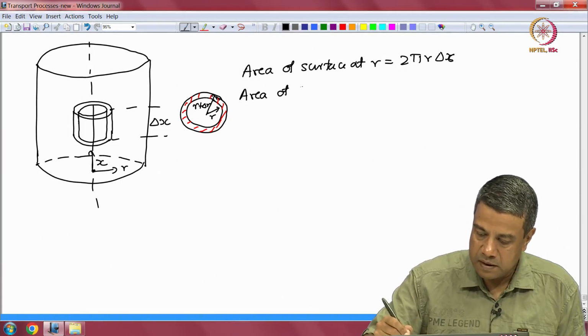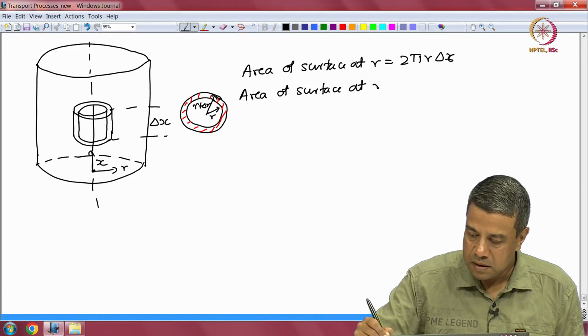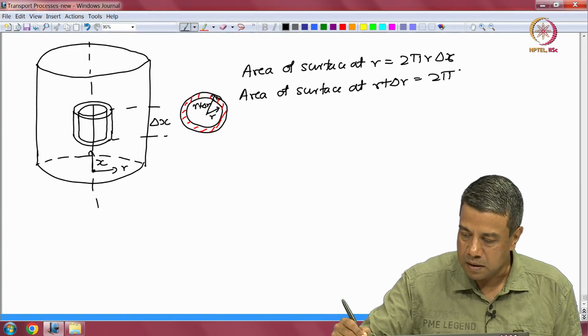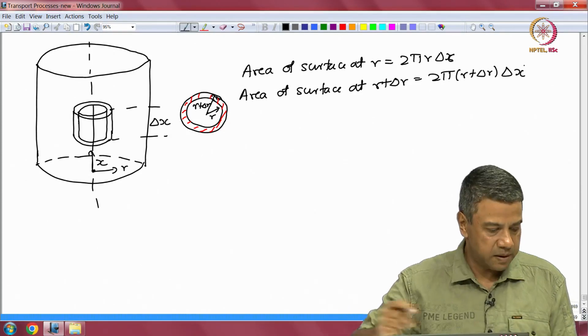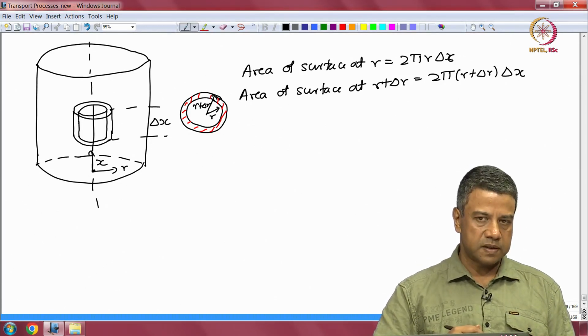Area of the surface at r plus delta r is equal to 2 pi into r plus delta r times delta x. Note that the areas of these two surfaces are different.